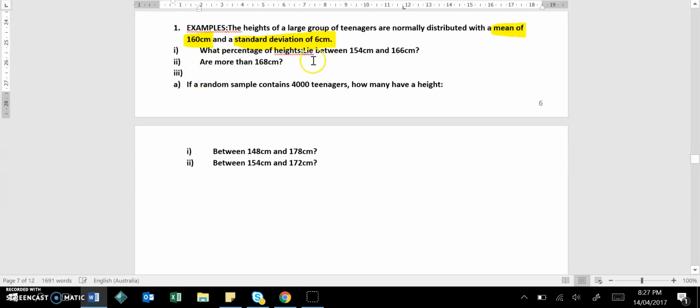Okay, so for question 1, part A, I want to draw a curve to help me solve that problem. So this is question 1, part A. And what I'm going to do is I'm just going to draw myself a normal curve. It doesn't have to be perfect, but approximate. So in the middle there is the mean. Okay, and the mean I know is 160.